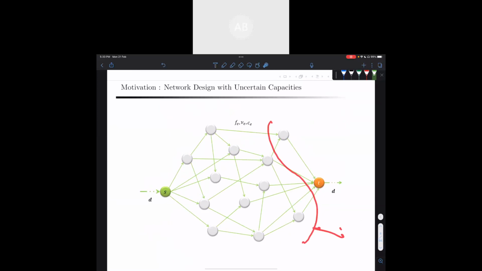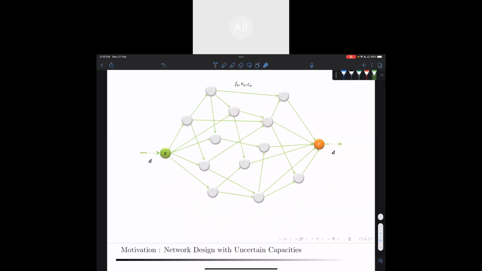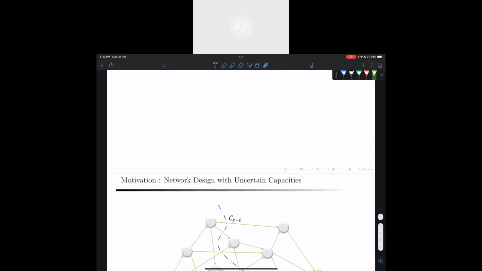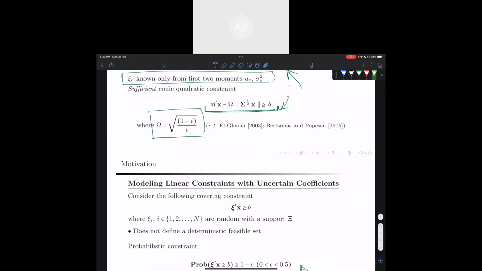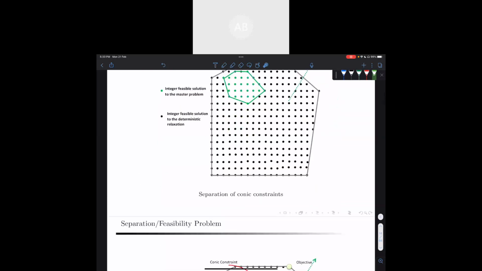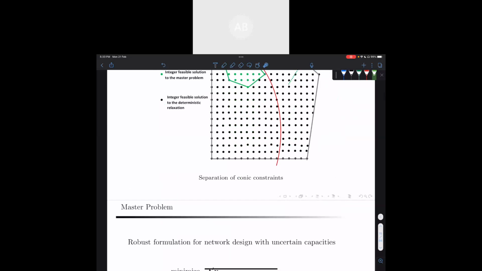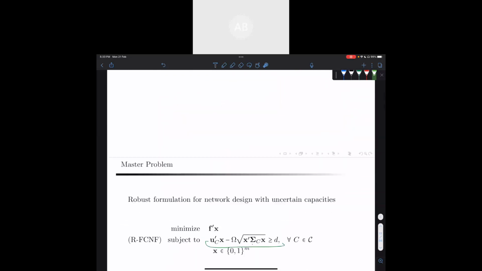So you just add this cut instead of adding every cut. Then in the next iteration, the solution you get does not satisfy the probabilistic argument for this particular cut, so then you add this cut. So at every juncture, every time you find a solution, you try to find out what the bottleneck is, and you just add the constraint for that bottleneck cut set. But how do we even find where the bottleneck is?